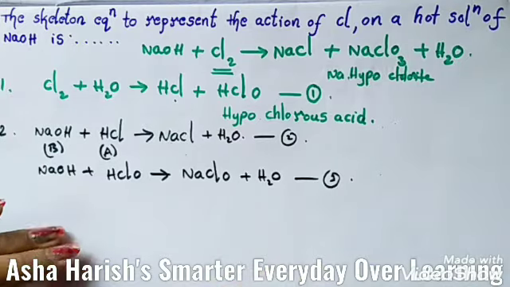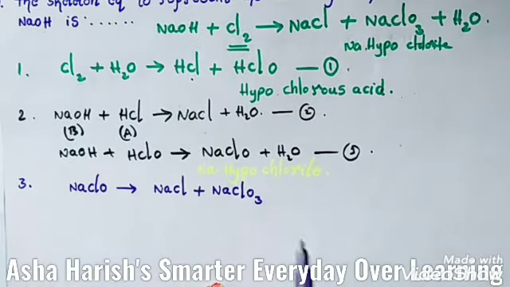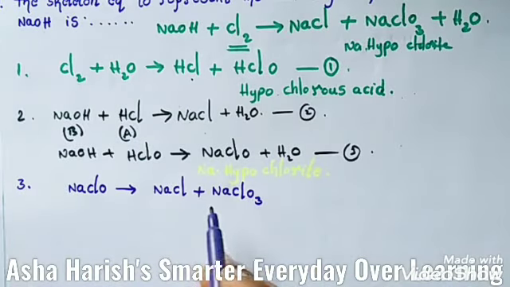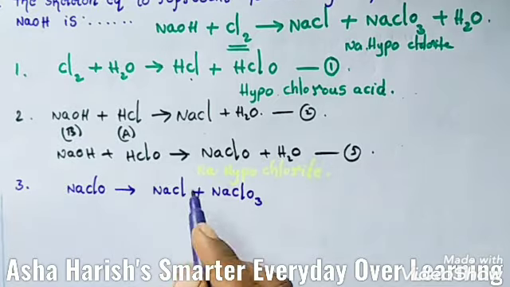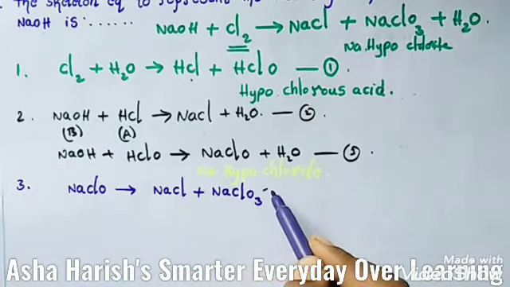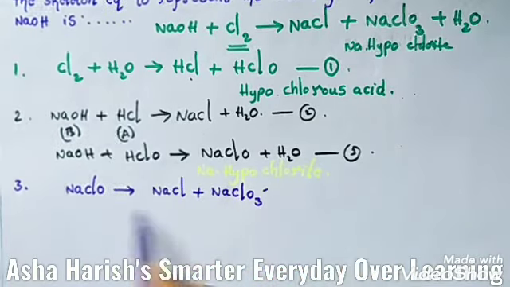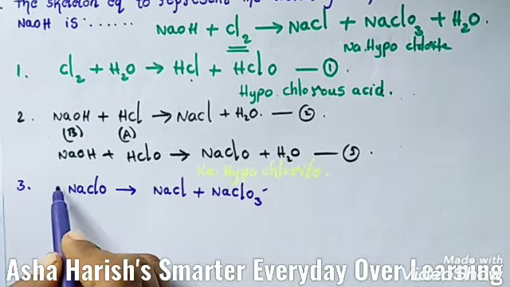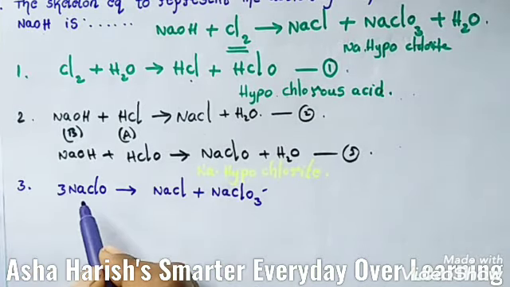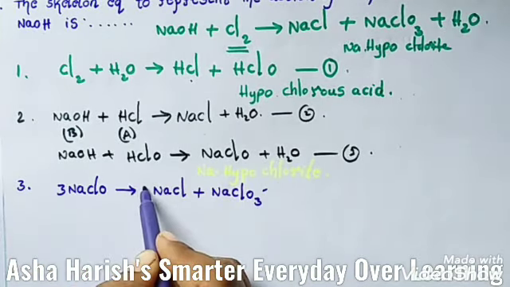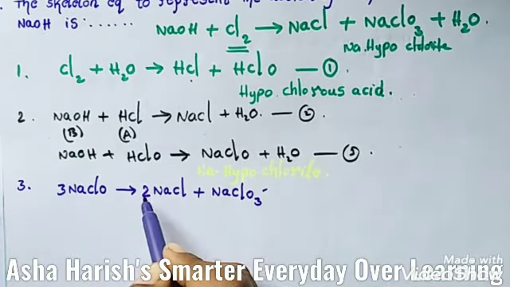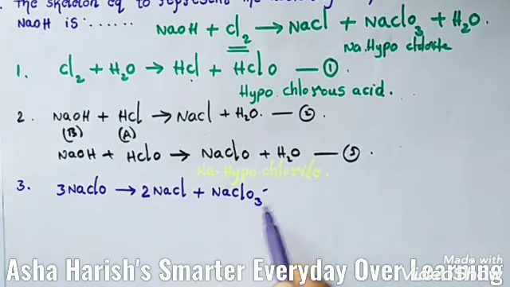Let's see the chemical equation for that. This is sodium chlorate. Now balancing this equation, if you place 3 in front of NaClO, now this is balanced.